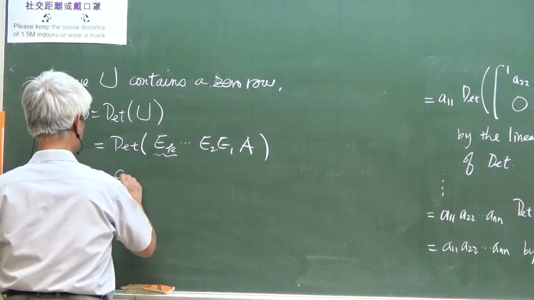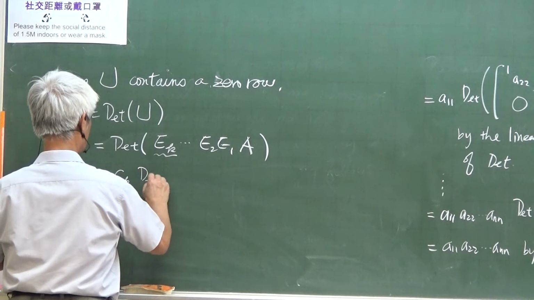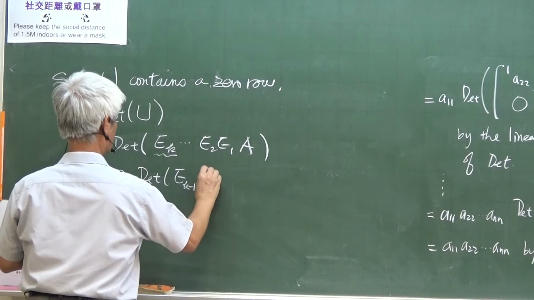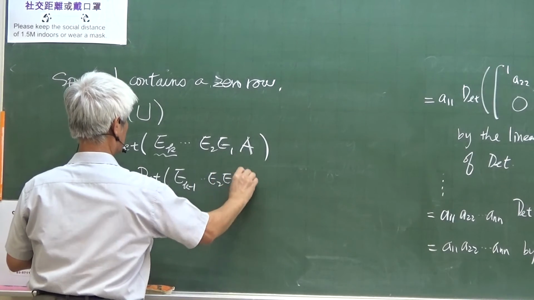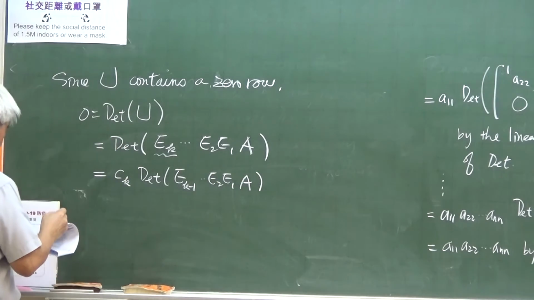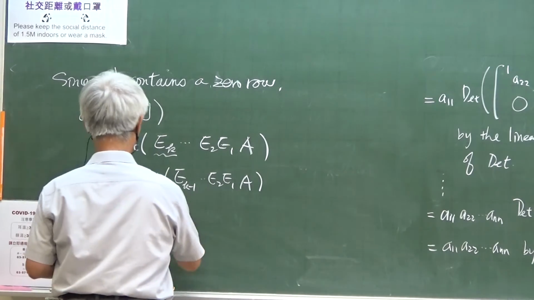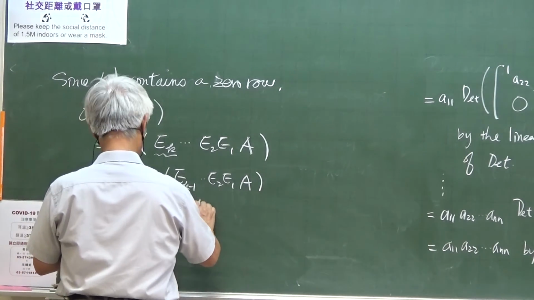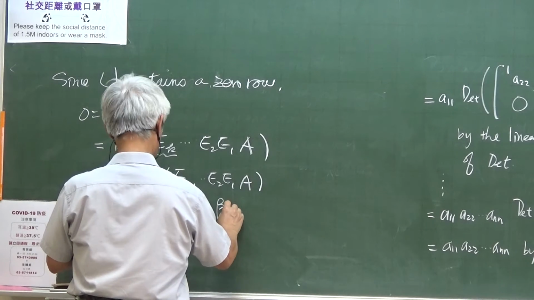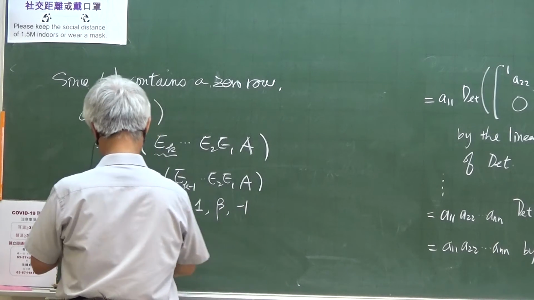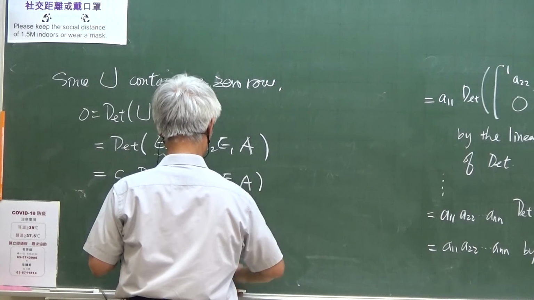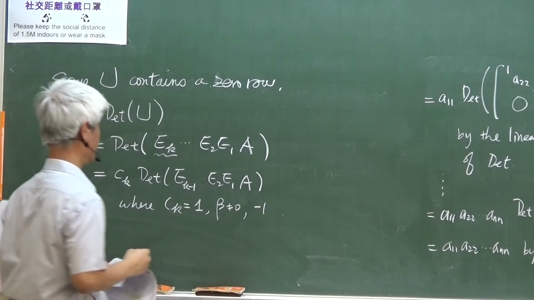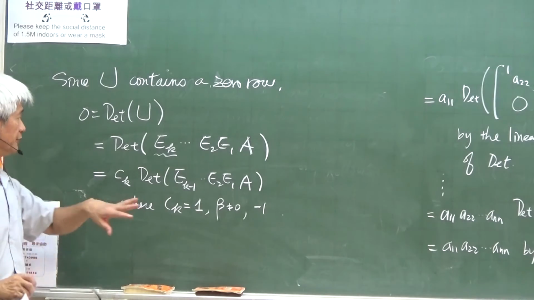So you have Ck times the determinant, where Ck is equal to 1, beta, or minus 1.